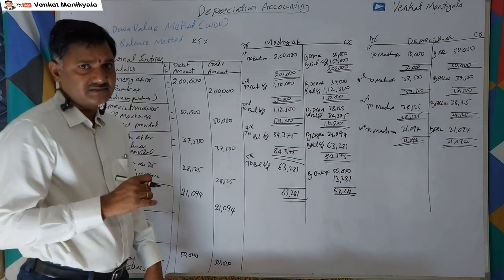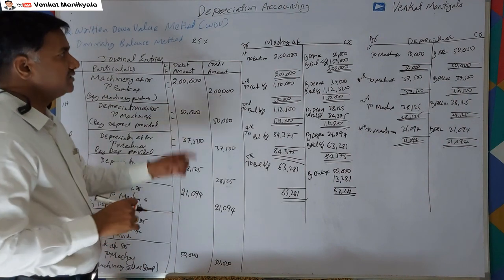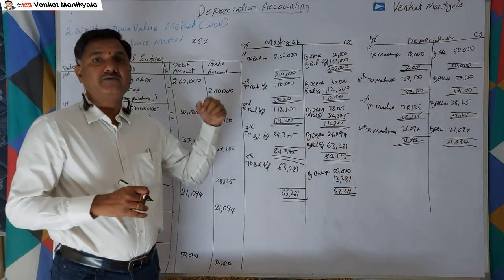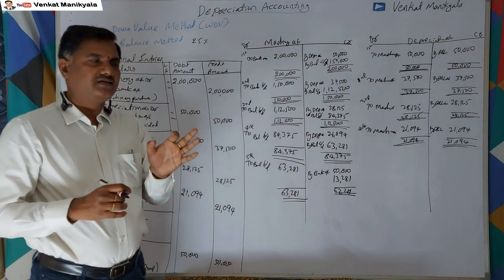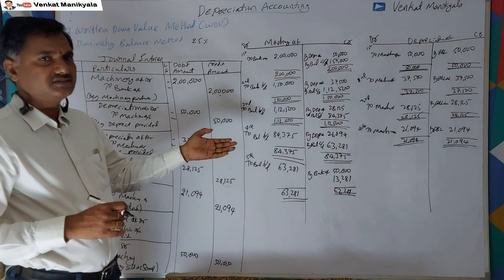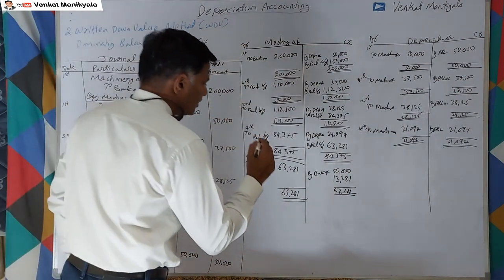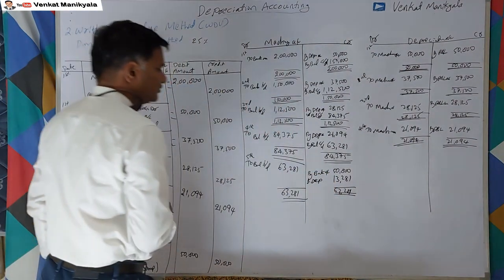Why is there a difference? Because at the time of calculating the percentage, it was actually 24.21%, but we have taken 25%. Because of that fraction, the depreciation differs by about 2,000. So depreciation is 13,281.